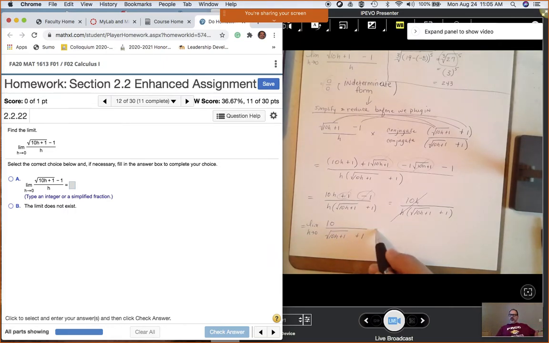So now if I plug in h equals 0, we're going to get 10 over 10 times 0 is 0, plus 1 is 1, square root of 1 is 1. So we get 10 over 1 plus 1, which reduces to 5.